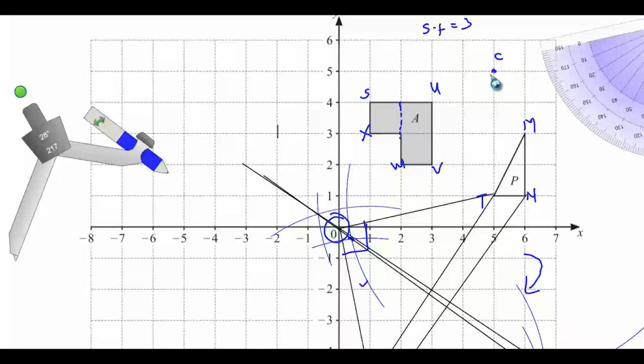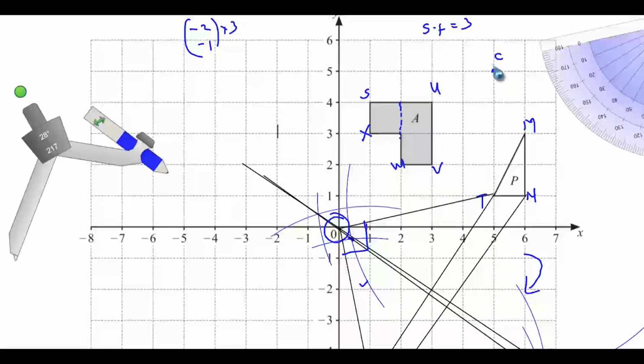Let's start with U. So 1, 2. You can see that we counted 2 to the left, that is minus 2, and 1 down, that is minus 1. If you want to do this, you multiply by 3. So that means you now count 6 to the left and 3 down.